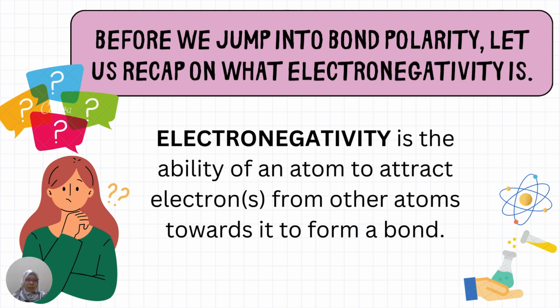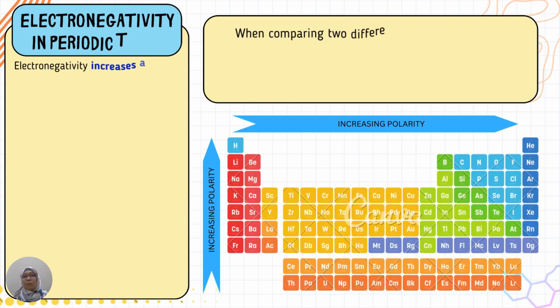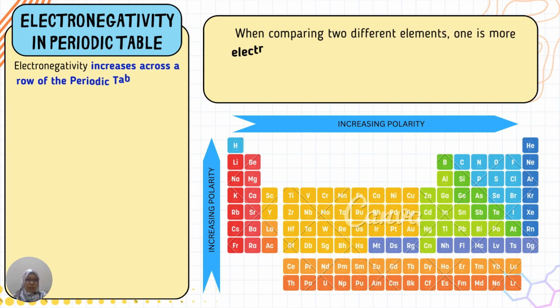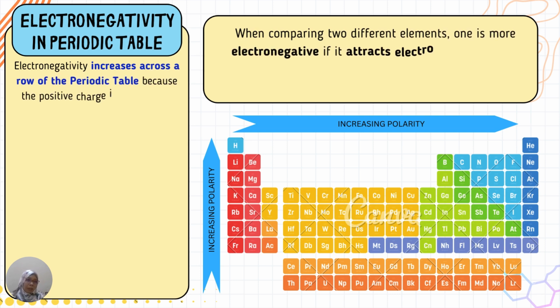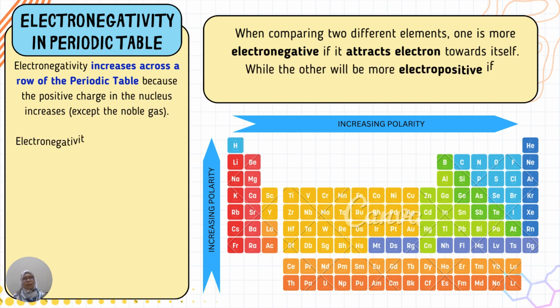Electronegativity is the ability of an atom to attract electrons from other atoms towards it to form a bond. If you look at the periodic table, you will notice that electronegativity increases across a row. Why is that?